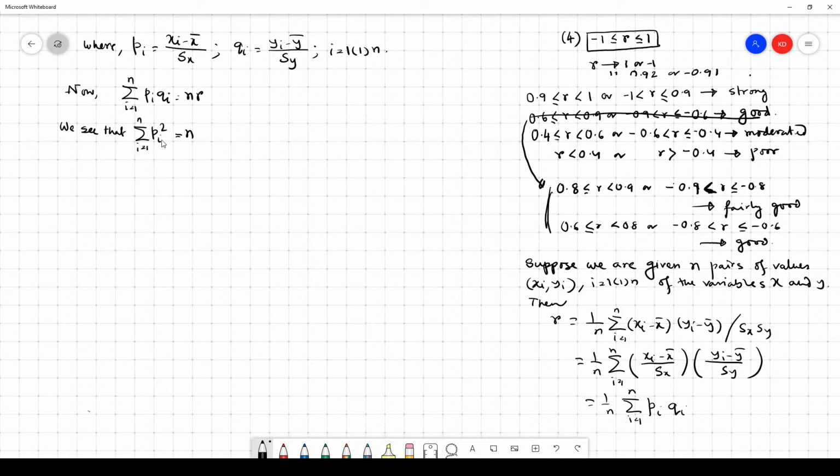Therefore, summation pi square equals n. And summation qi square is again small n.